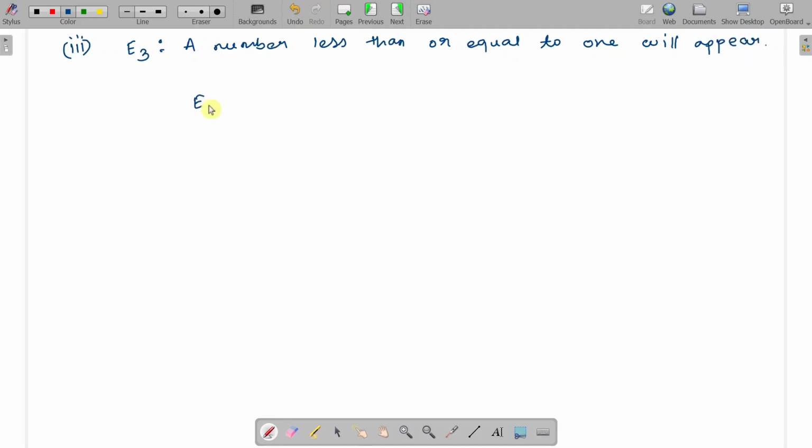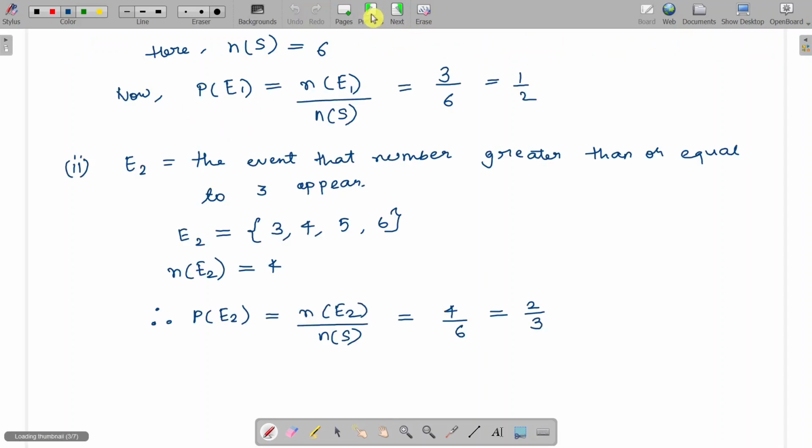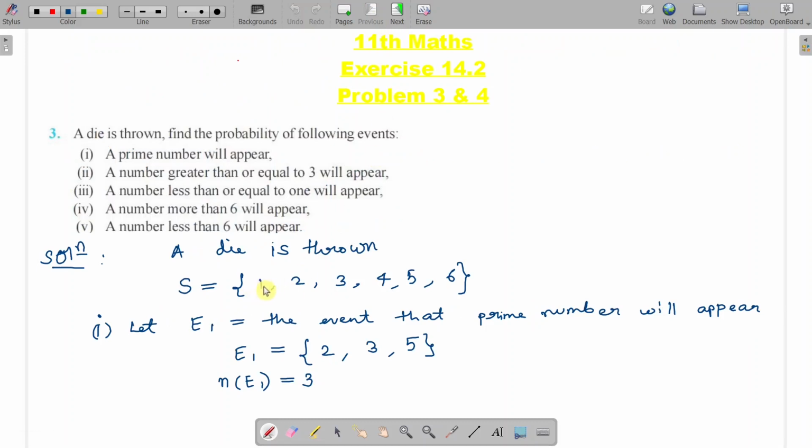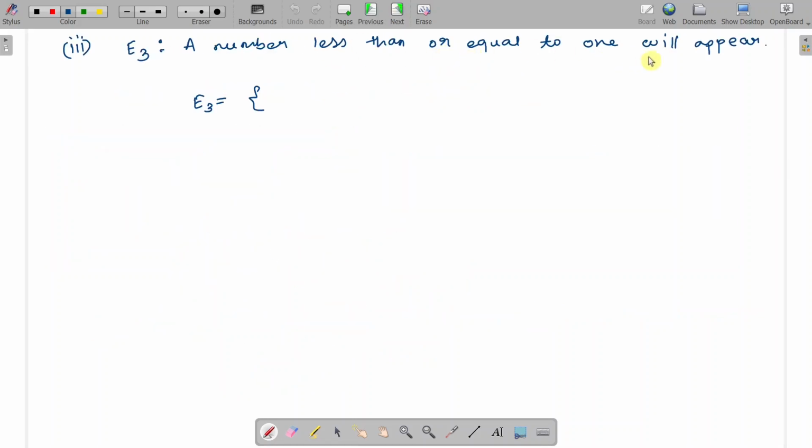So E3 will be equal to set. So number less than 1 means 0, but you can see that there is no number less than 1 here. 0 is not there. Okay, so that means only one element will be there equal to 1.